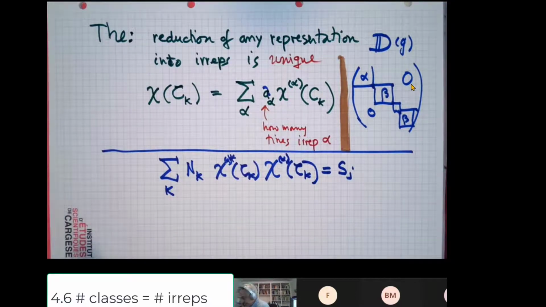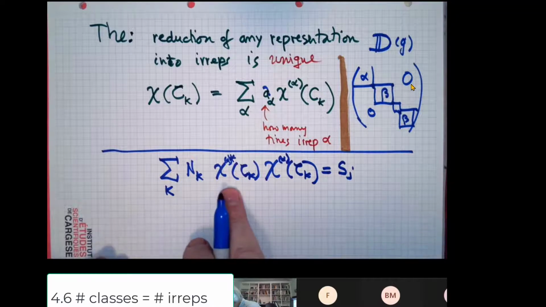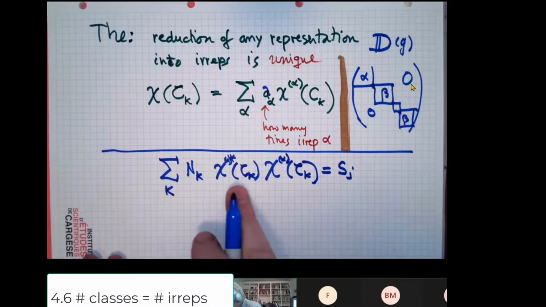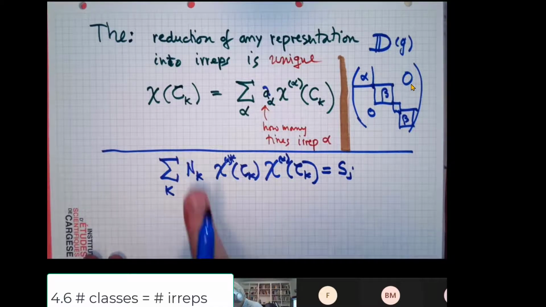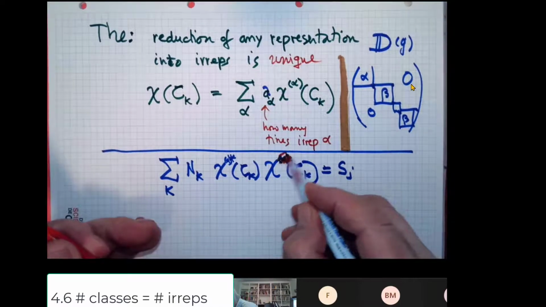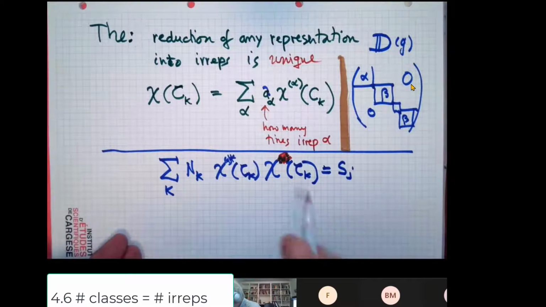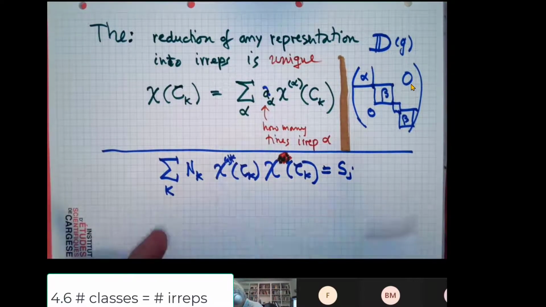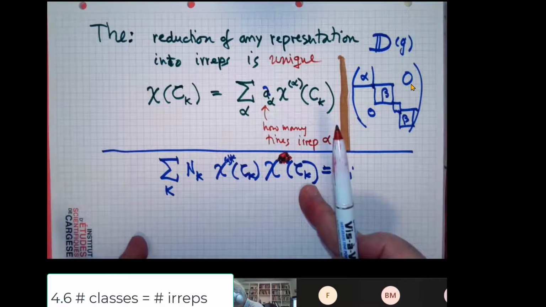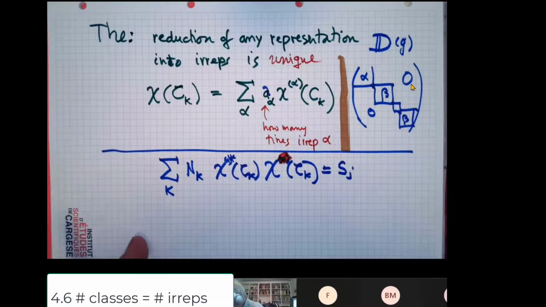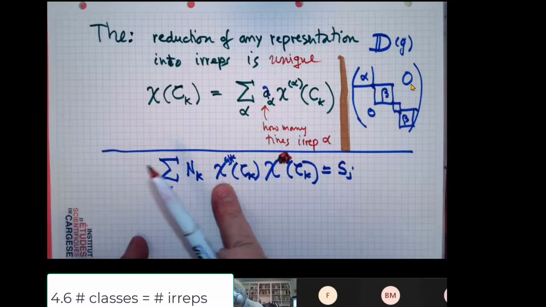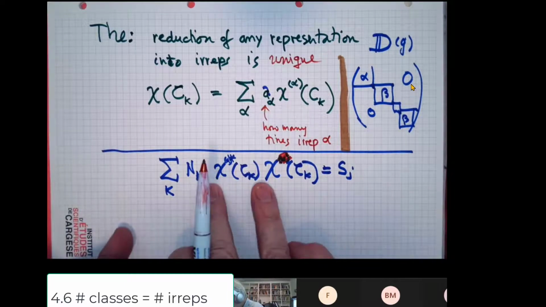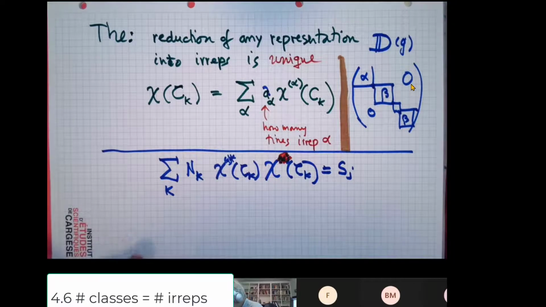And these guys would be orthogonal were it not for these weights. So what I'm doing is I take my big representation, which is reducible, and compute its character. That's this thing. And then I project it onto individual irreps.